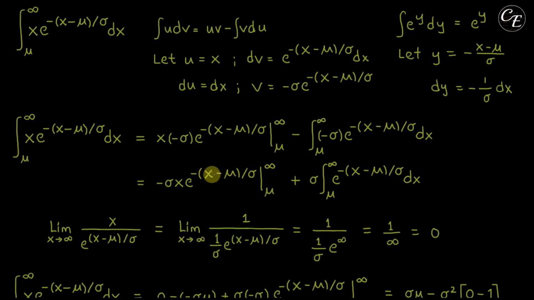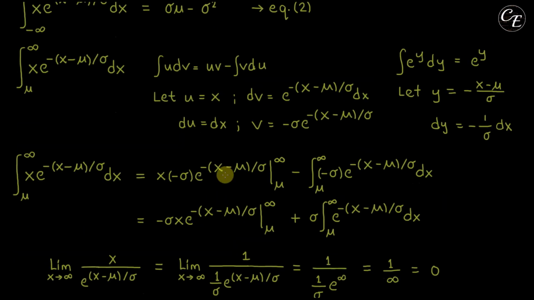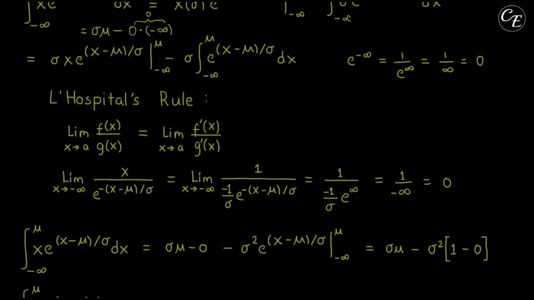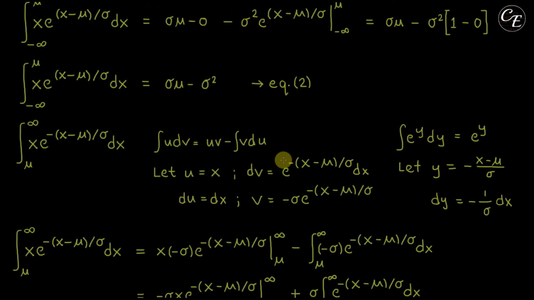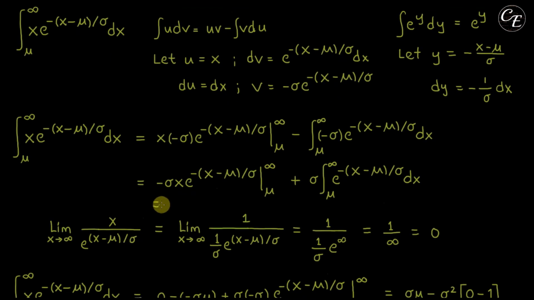And negative of positive infinity is negative infinity, so we have here e raised to negative infinity. And then e raised to negative infinity is 0, so we have here 0. Then times, if we substitute again this positive infinity for x in here, we have negative of sigma times positive infinity, which is negative infinity.